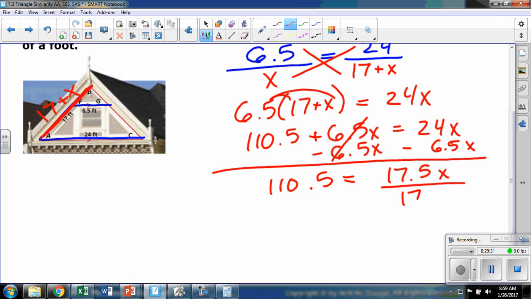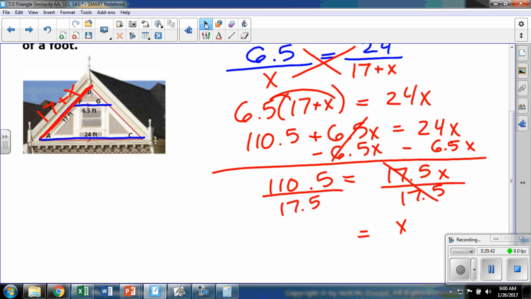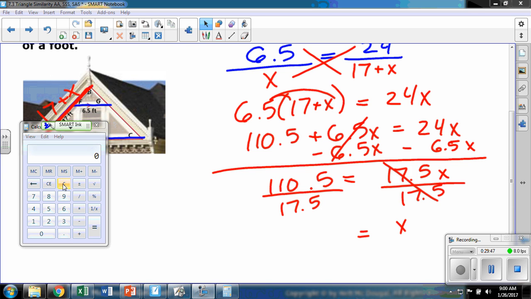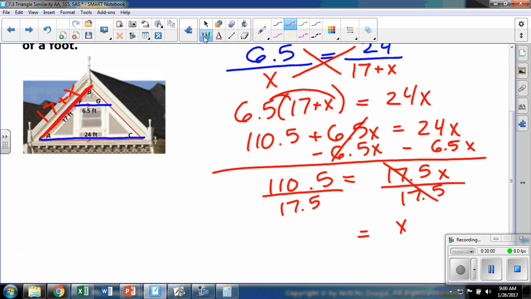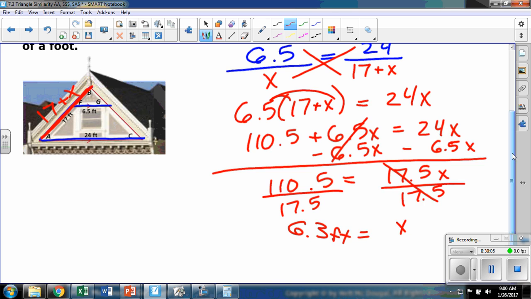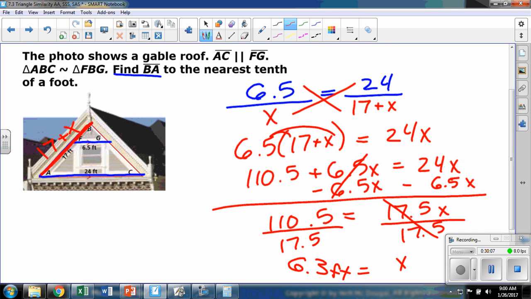You divide that out. And 110.5 divided by 17.5. We can grab a calculator and crunch those numbers. So 110.5 divided by 17.5, approximately 6.3 when we round to the nearest tenth. So there, we're done. This length X is 6.3 feet.